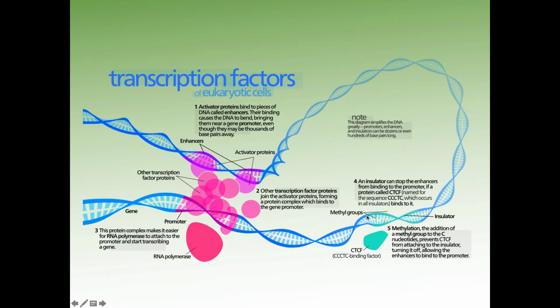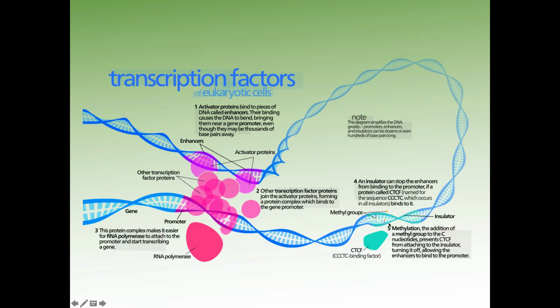Notice that we can also have some other groups out here that can be important. So for instance, there's an insulator site here where we might have binding of something like a CTCF transcription factor. And so this CTCF, if it comes and binds in, it can actually inhibit the type of gene which is actually expressed.